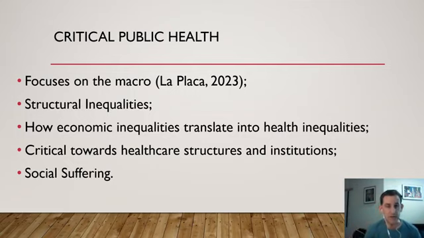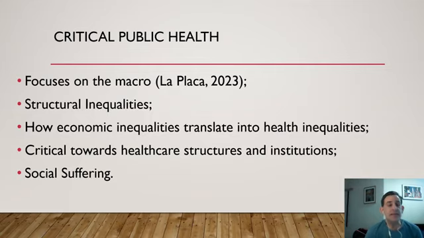So it looks at society as something which is often structurally beyond individuals, focusing on inequality, focusing on poverty, and how societies are often arranged and used in order to create those inequalities. It's critical towards healthcare structures and institutions.